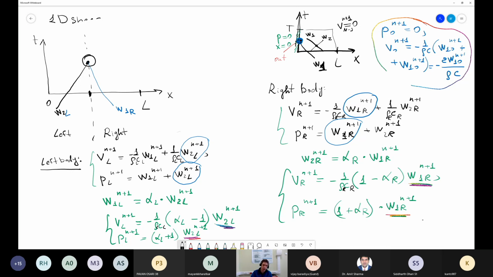Let's look at this point. Who is the owner of this point? Left part of the domain or right? The correct answer is both. So this is a single physical point. That's why we can easily write that the velocity calculated for the left part at some time moment must be equal to this velocity calculated for the right part at the same time moment.